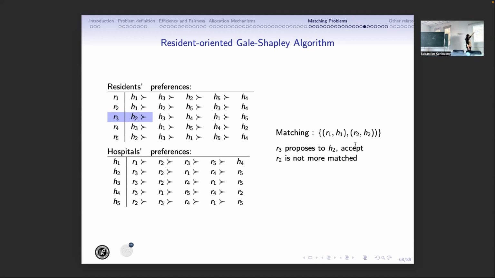Then R3 will make a proposal to her favorite hospital, H2. H2 is already matched with R2, and it prefers R3.